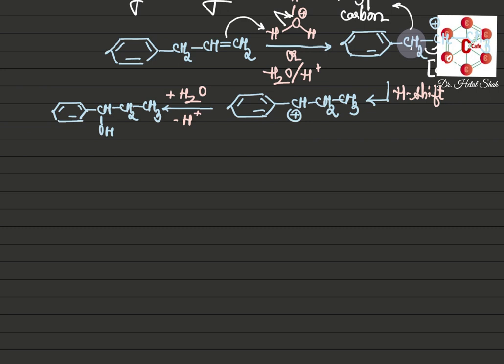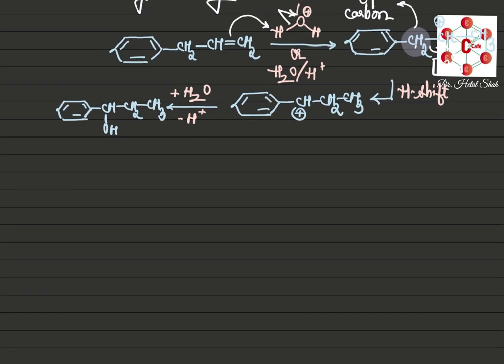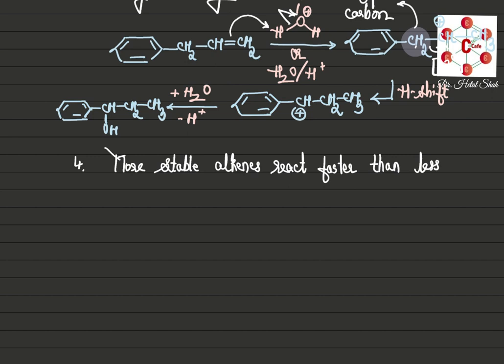The fourth thing, which is applicable to all kinds of addition reactions where H plus is used, and the fourth and final most important thing that you have to know is more stable alkenes react faster than less stable alkenes.